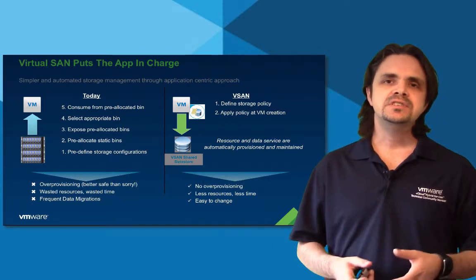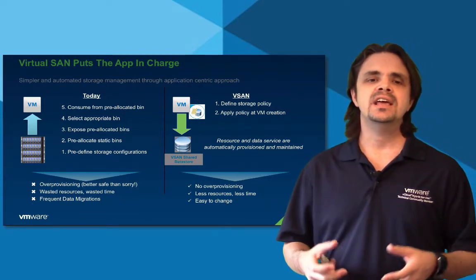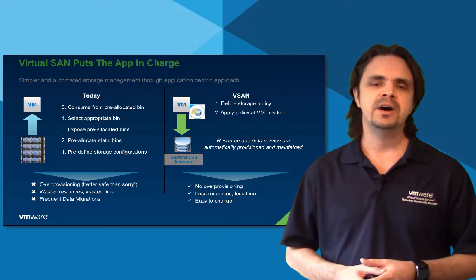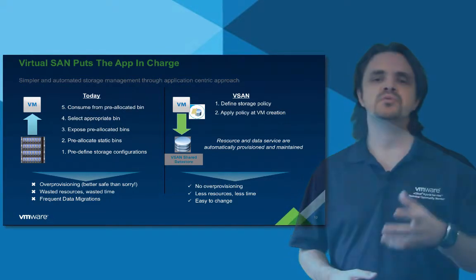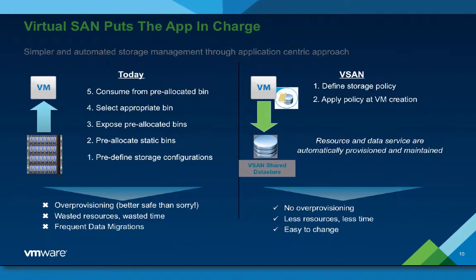So if we see today, we've got a very bottom-up type of model. You have to go in and predefine your storage, pre-allocate storage bins, LUNs, expose those bins, and then pick the right ones, attach them to the right storage and the right application workload, and then consume until it's all used up. Once it's used up, go back and do it again.